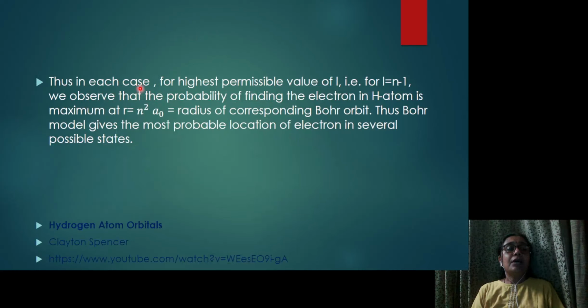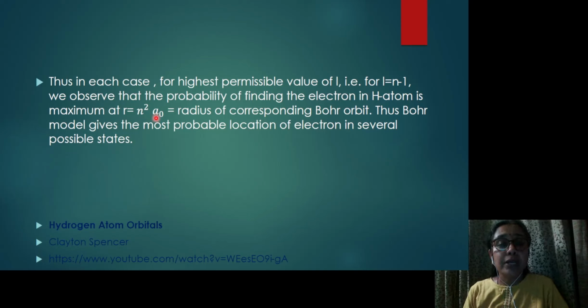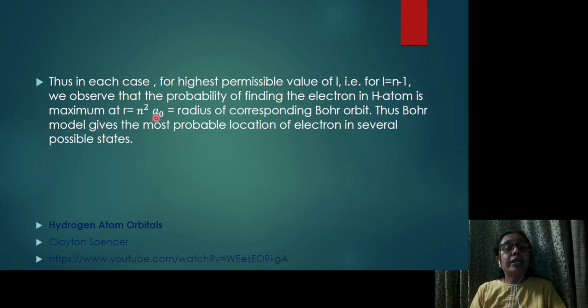So in each case, that is for n equal to 1, n equal to 2 and n equal to 3, we have seen that for the highest permissible value of l, that is for l equal to n minus 1, the probability of finding the electron in the hydrogen atom is maximum at r equal to n squared a0. For the 1s state it was maximum at a0, for the 2p state the maximum was observed at r equal to 4a0, and for n equal to 3, for the 3d state, the maximum was observed at r equal to 9a0.